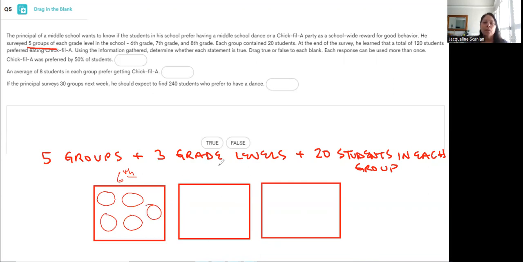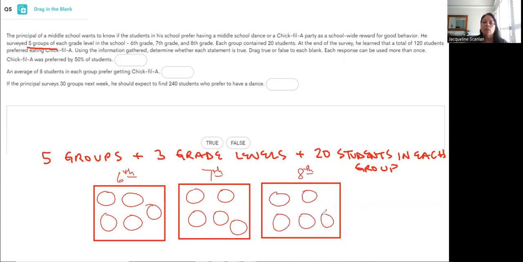For 7th grade, I have 5 groups. And for 8th grade, I have 5 groups. Each group contains 20 students, right? So each of these groups has 20 kids in them that they're surveying.